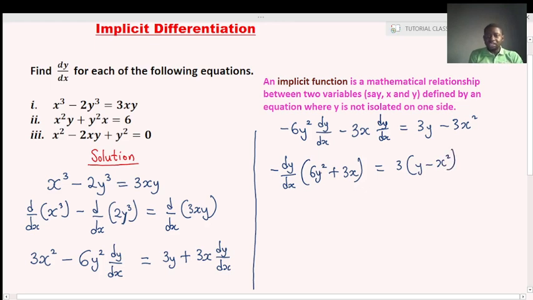So we divide the equation by all this just to ensure that dy/dx stands alone. That means I will have dy/dx equals 3, open bracket, y minus x squared, all divided by negative, then this 6y squared plus 3x, close the bracket.